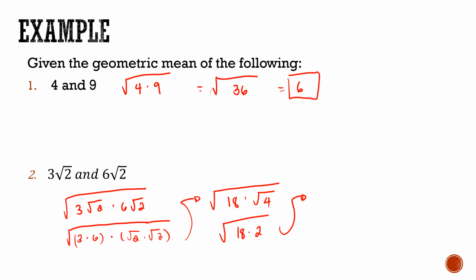Now, 18 times 2 is equal to 36. So that will become square root of 36. Now, simplify. The square root of 36 is equal to 6. Therefore, the geometric mean of 3 square root of 2 and 6 square root of 2 is equal to 6.